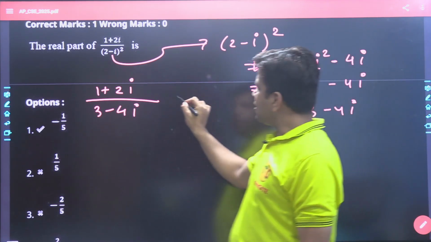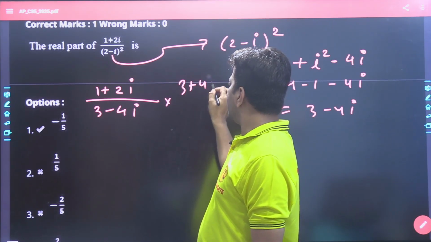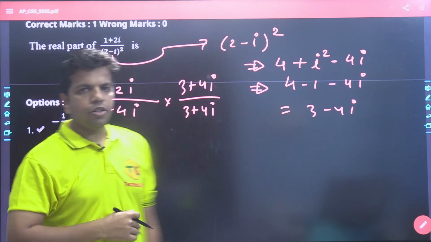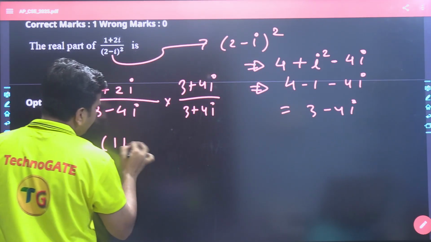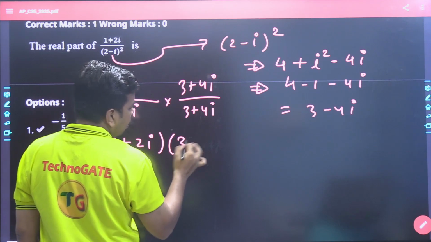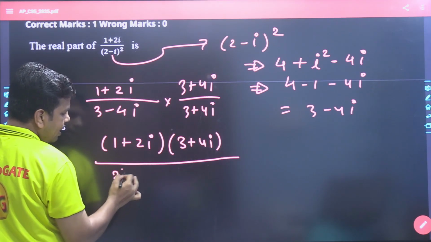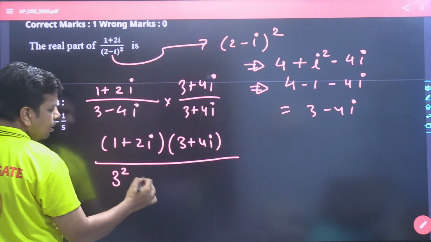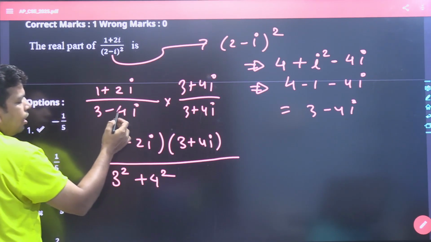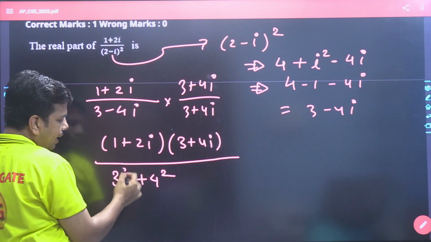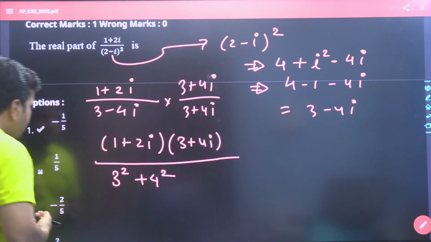So 1 plus 2i divided by 3 minus 4i. Let's just multiply by 3 plus 4i and divide by 3 plus 4i. So 1 plus 2i times 3 plus 4i divided by 3 square minus b square, and i square becomes minus 1, so I can directly write 3 square plus 4 square.